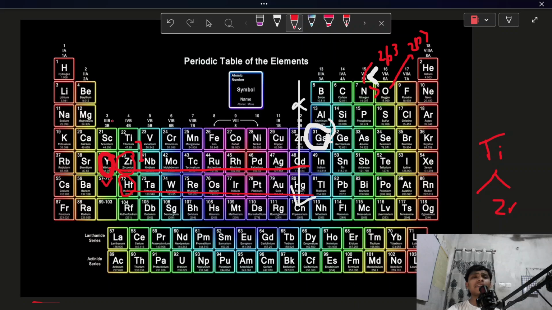Similarly, when we go to magnesium, magnesium has 3s2, okay? Magnesium has more ionization energy than aluminium. In the same way you can solve these kinds of questions, right? The ones having half-filled or fully filled subshells are going to have high ionization energy. For example, if I have, let's say, F negative, right?